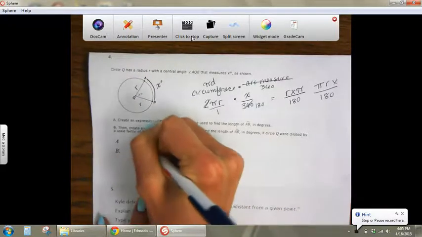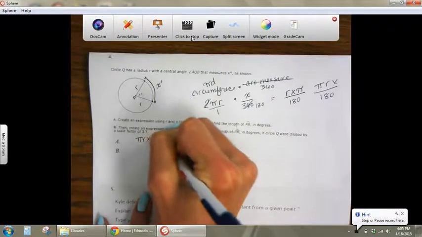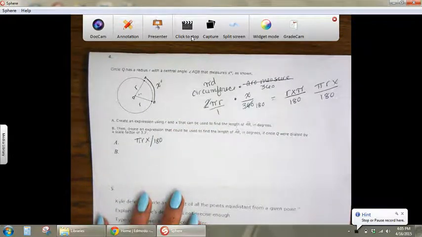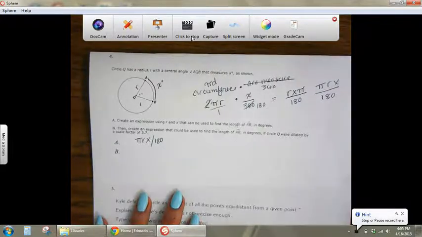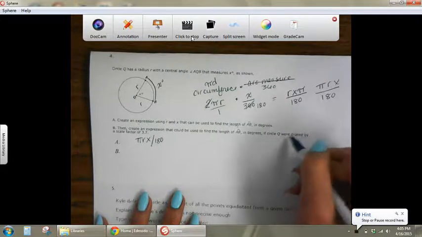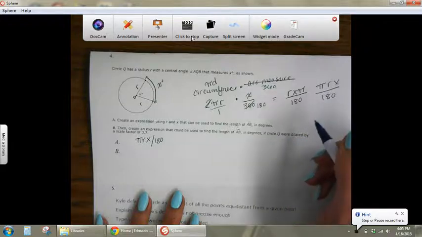Pi rx over 180. Then they wanted us to get an answer if we plugged in 3.75 for the... Oh, so they're saying if the circle was dilated by a scale factor of 3.7.